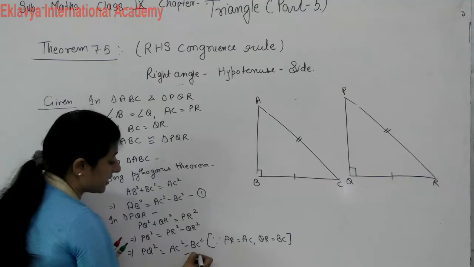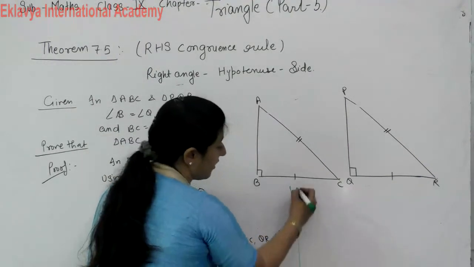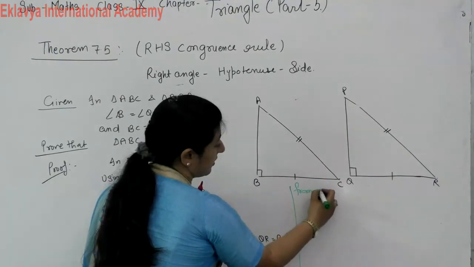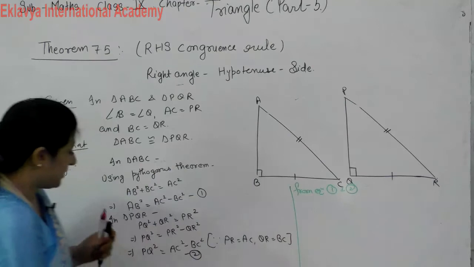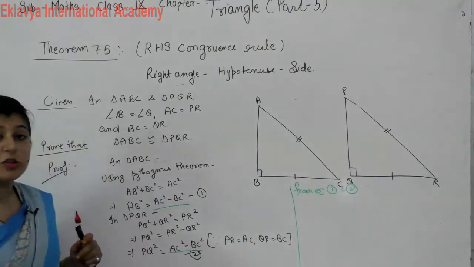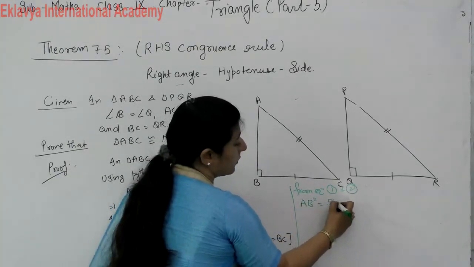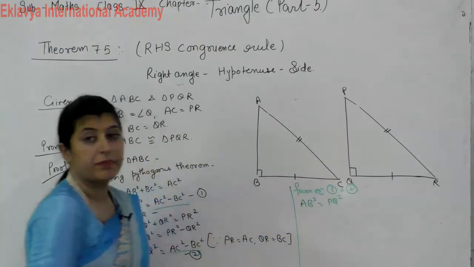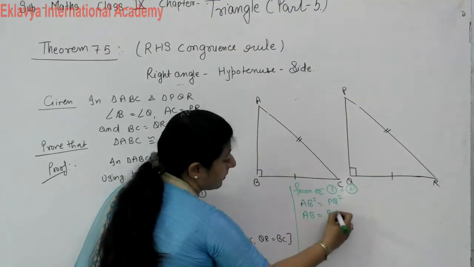This is equation second. Now see, from equation first and second, both RHS parts are equal, then the LHS parts are also equal. AB square is equal to PQ square, then AB is equal to PQ.